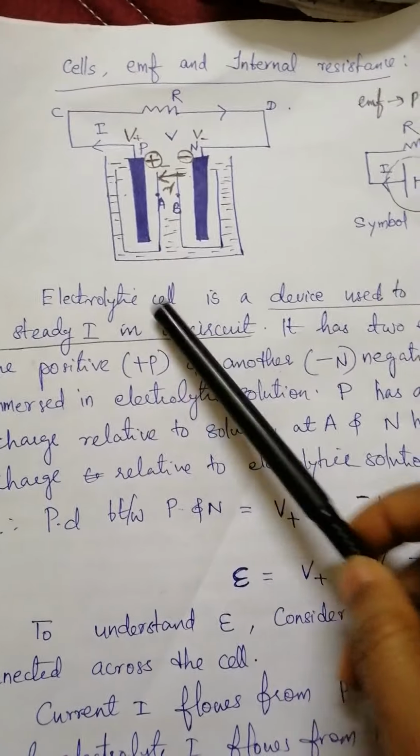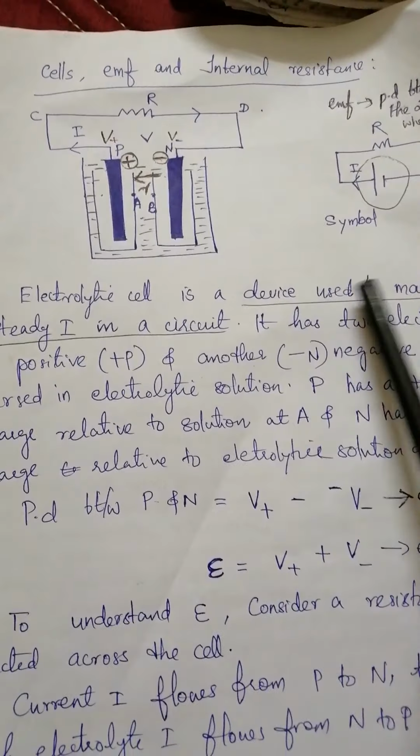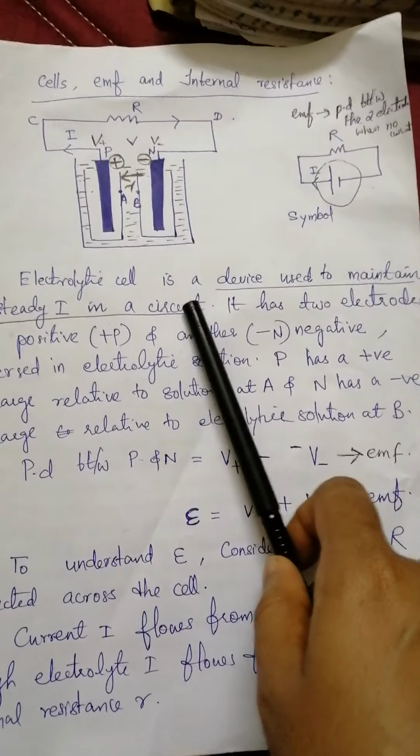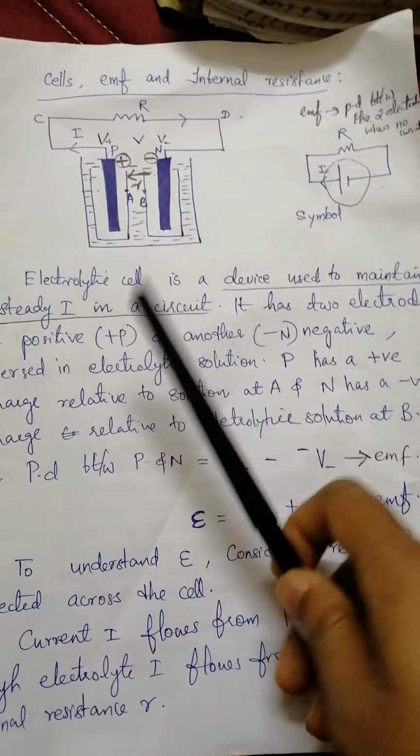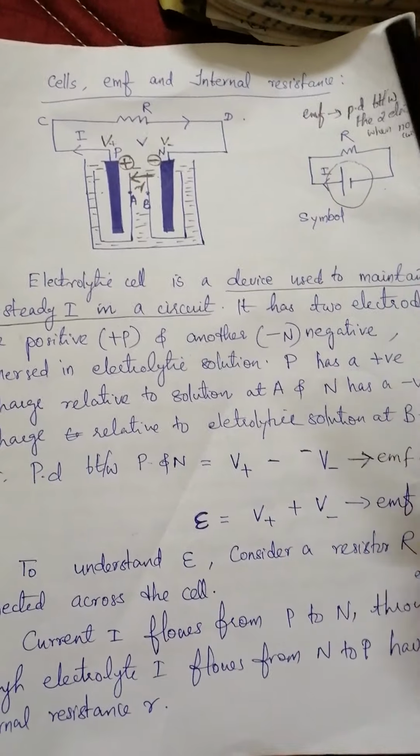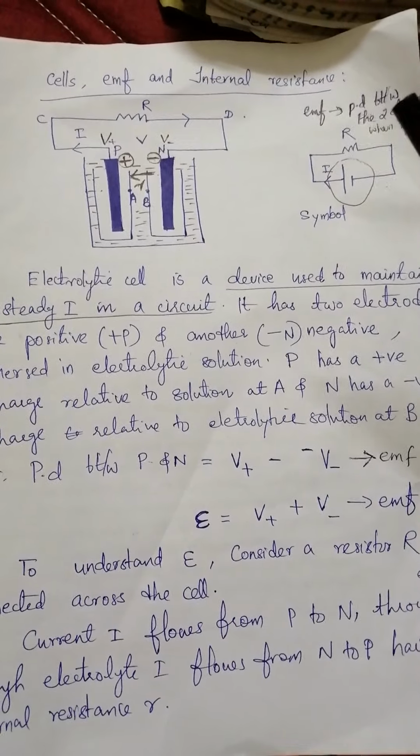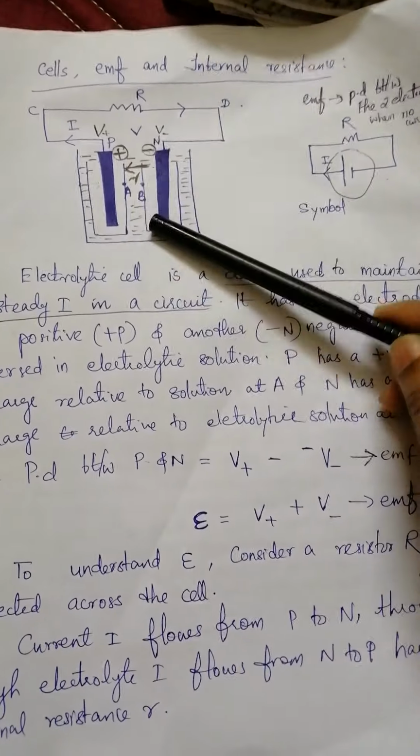An electrolytic cell means a device used to maintain steady current in a circuit. Wherever we want a steady current, we can use an electrolytic cell.